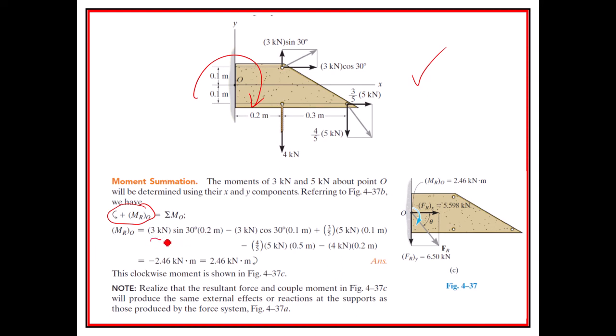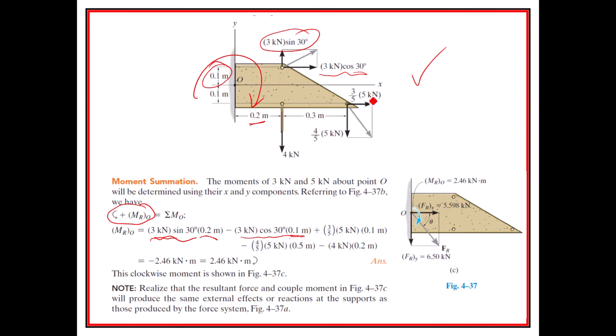We take the 3 kilonewtons right here, and we figure out that's the vertical one right there. We can see that we treat it as positive because it's counterclockwise, and then we take the distance right here that it's going, and then we do the same thing for the horizontal component, but it's negative because that one is making a clockwise motion, and the distance right there is 0.1.